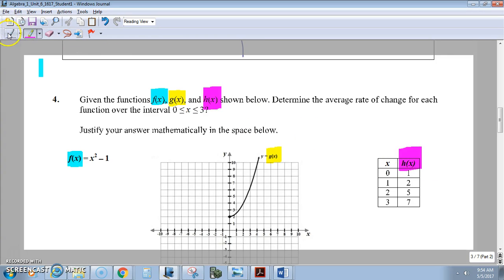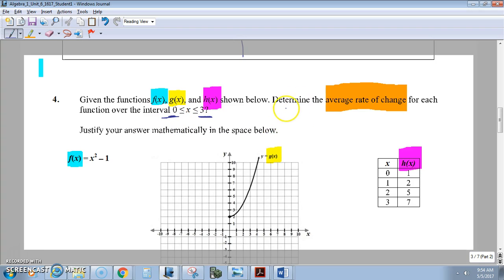It wants us to find the average rate of change, which you need to know by now means the slope, between 0 and 3. Okay, that's our domain, right? You should recognize this as a domain. Between 0 and 3 for each one.